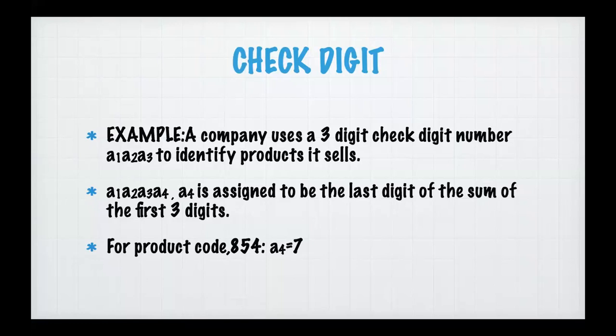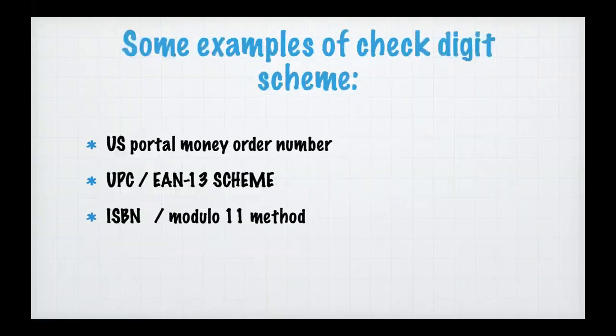For example, 854, when you add, you will get 17. You generally get a 2-digit number. So 17, you see what is at the units place and append 7 to the series 854. So your code on the product will be 8547. Some other examples of check digits are the US postal money order.